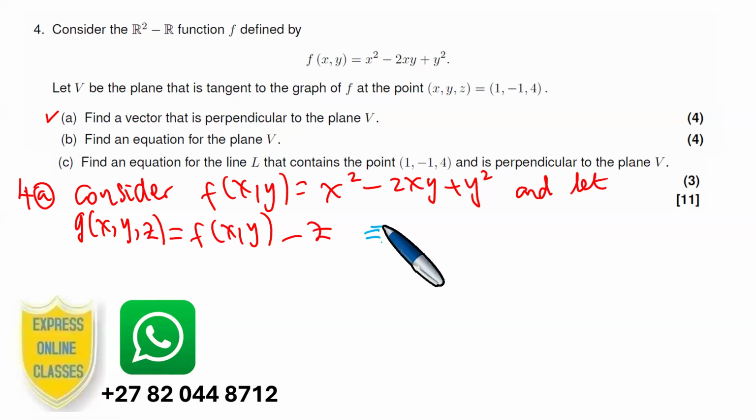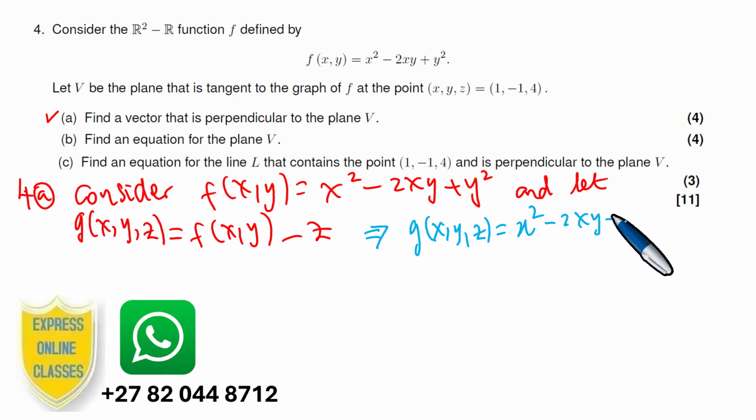This means that our function g of x, y, z is x squared minus 2xy plus y squared minus z.